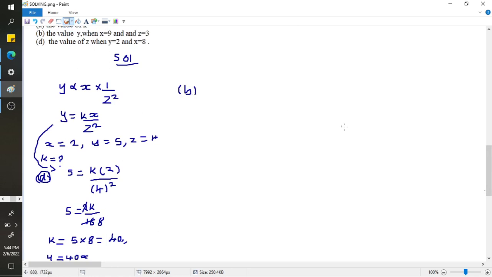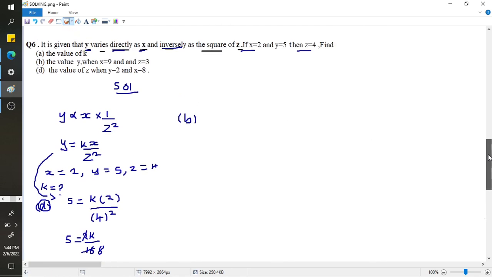So here is the question now in full. We want to calculate b now. For b, we want the value of y when we have been given x is equal to 9 and z is equal to 3. So remember again, we need to apply our formula. We have found the general formula to be y is equal to 40, which we have substituted for k, because k is the constant of variation, which we have calculated to be 40.